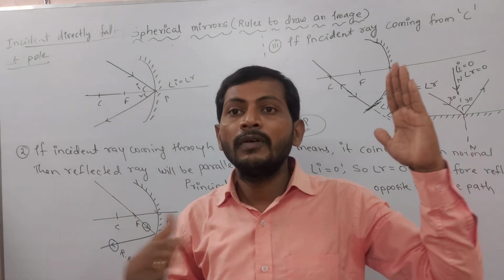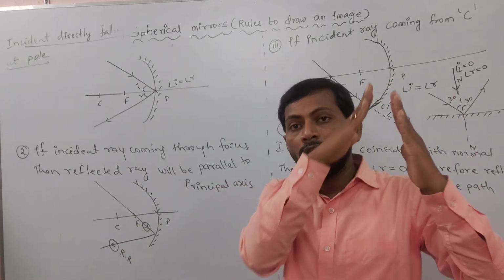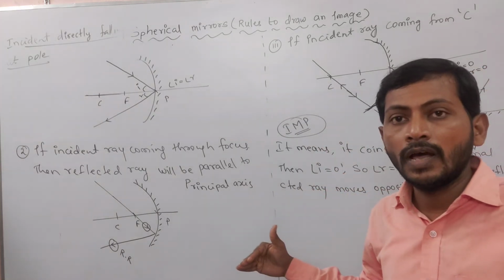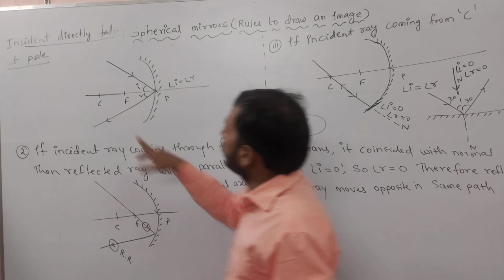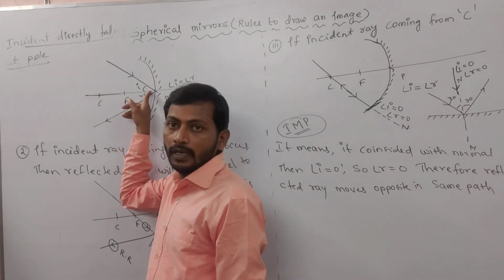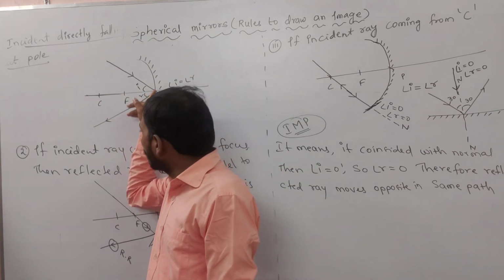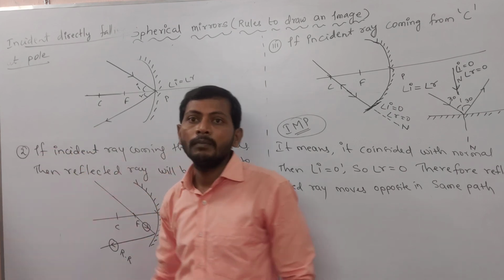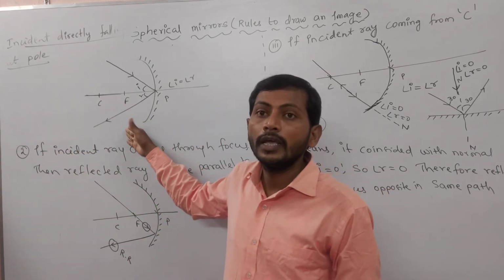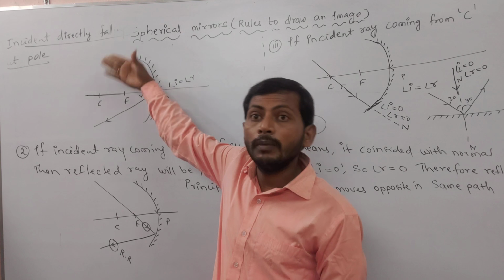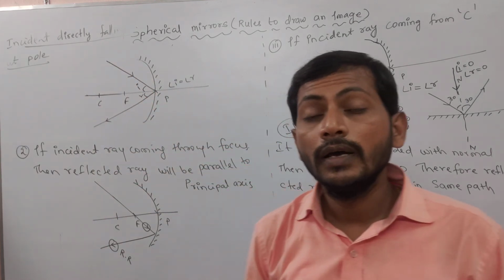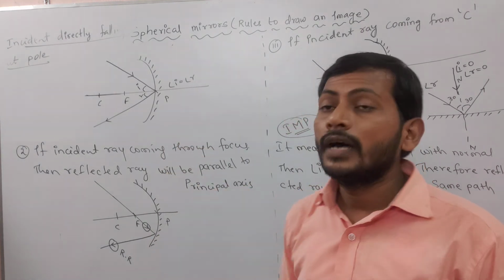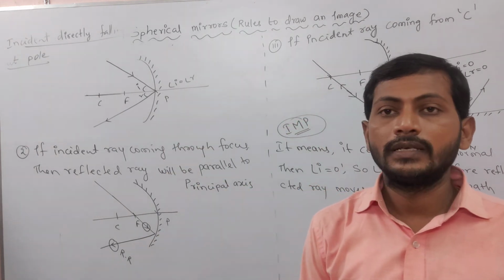If the ray is coming from the center of curvature, then the reflected ray also passes through the center of curvature. And the last one: if the ray is directly falling at the pole, it is going to get reflected in the same plane. If the incident ray is above the principal axis, the reflected ray is below the principal axis.